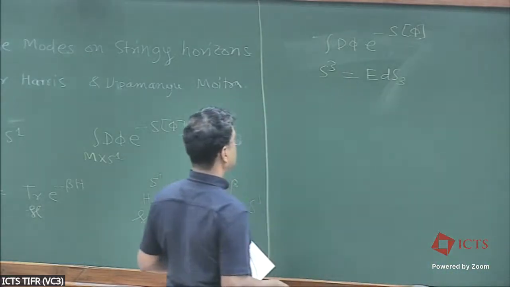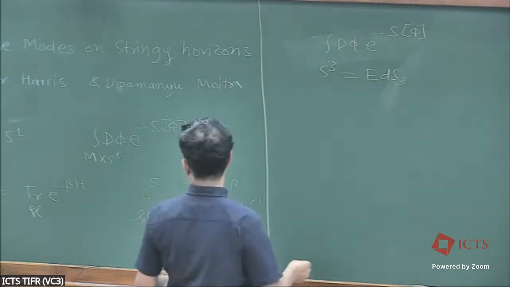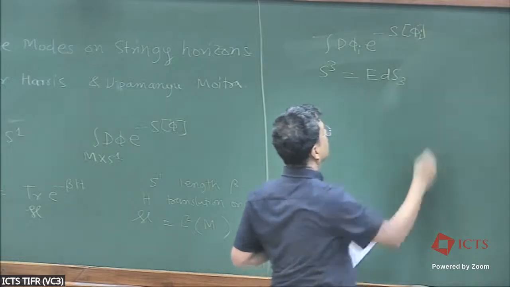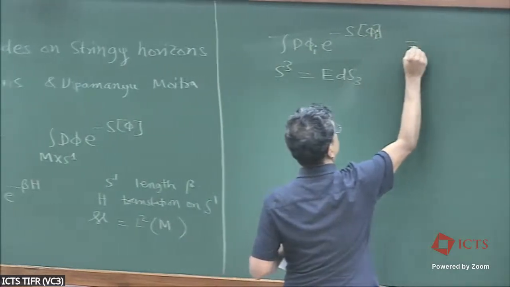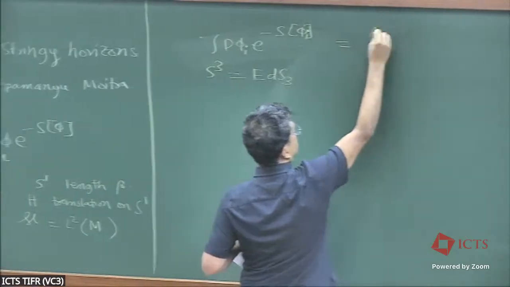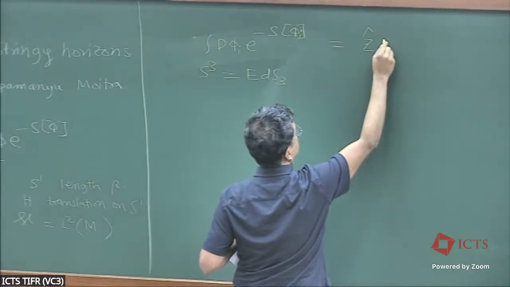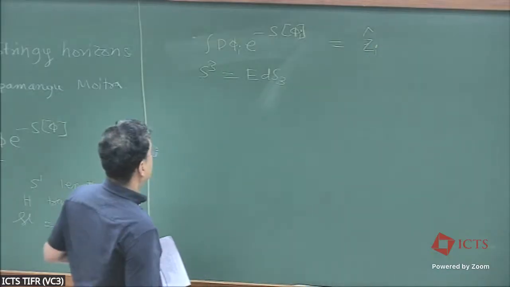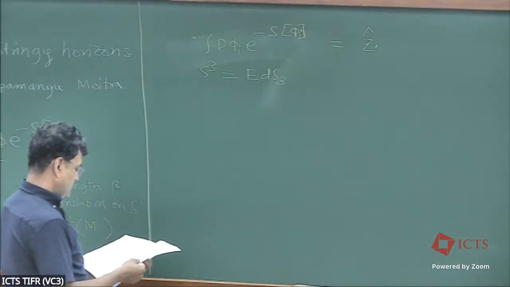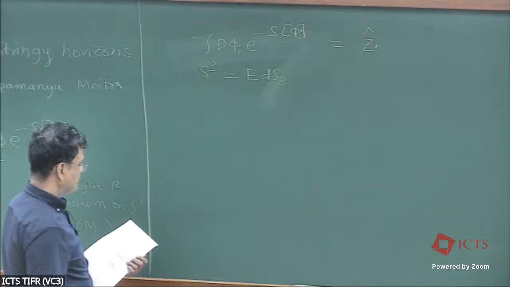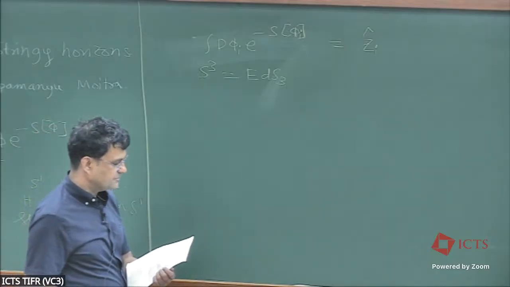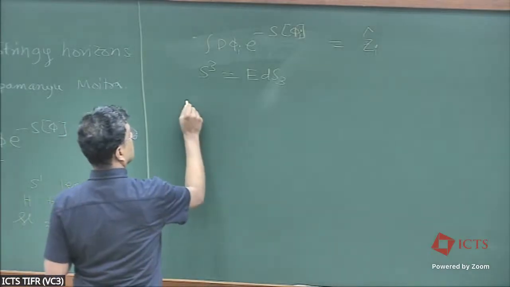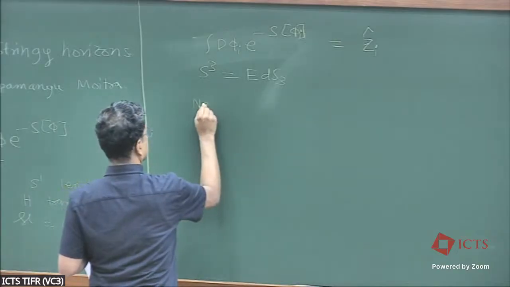Let's call this partition function, suppose I have some field I, the spacetime partition function, z hat of I. And what was shown by Anninos, Denef, Law, and Sun, in a very nice paper, is that this has a nearly thermal interpretation.